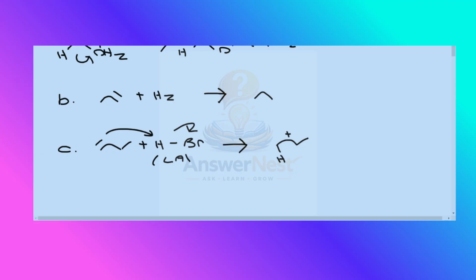And this is the one with the most R groups. If we put it on this carbon, we would only have one R group. And an R group is an alkyl side chain that acts to donate electrons to make that positive charge more negative and closer to neutral.